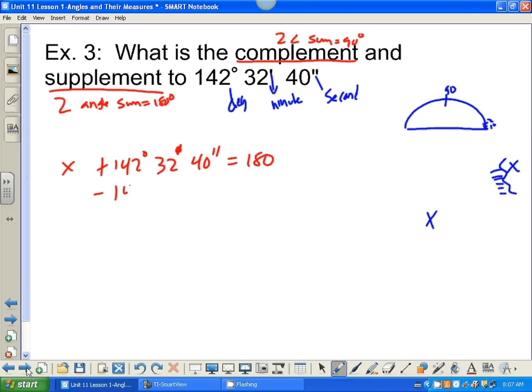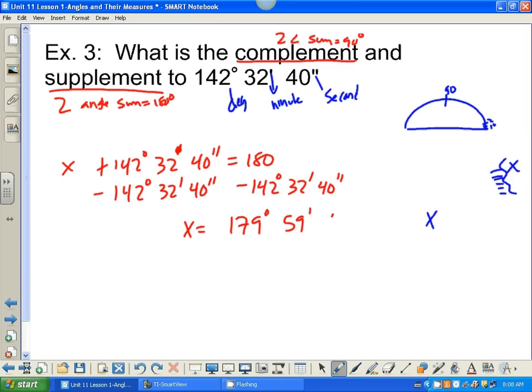So basically you need to subtract that, and no, you don't have to write all this out. I'm just trying to make it clear. If you're going to do this by hand, you're going to have to use some borrowing. 180 can be written as 179 degrees, 59 minutes, 60 seconds, because 60 seconds is 1 minute.